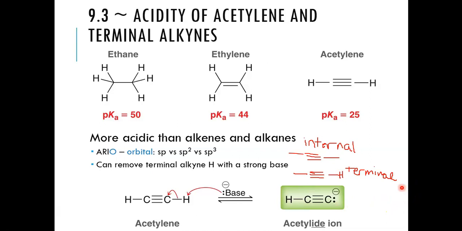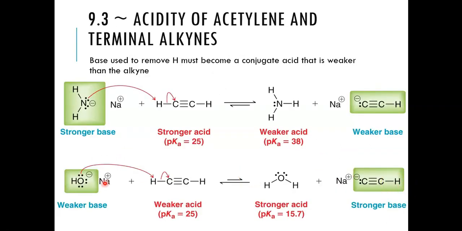So let's look at a couple options. We have 2 different options here. We have NH2 negative, and it just has a sodium here as a counter ion. And we are showing the proton transfer mechanism. So we're going from that lone pair to the hydrogen, and then we're breaking the bond, putting that lone pair onto the carbon.